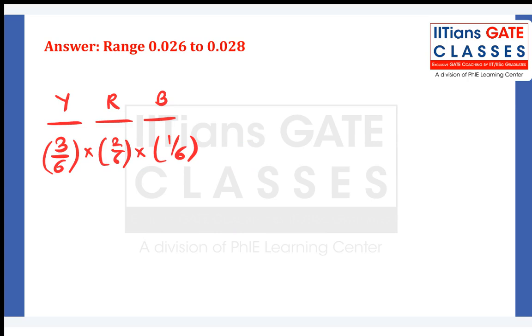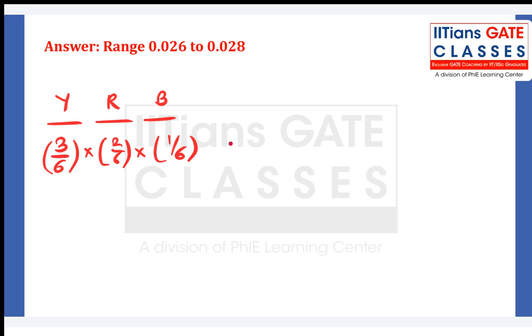Okay. But I have seen many times in the GATE exam, they don't mention that first has to be yellow, second has to be red, and third has to be blue. They will just say one has to be yellow, one has to be red, one has to be blue, or even going further, they will just say all 3 trials should have different colored faces turning up. In that case, you have to multiply by 3 in this answer, but here it is not required.